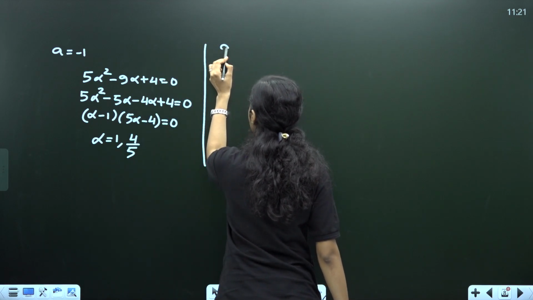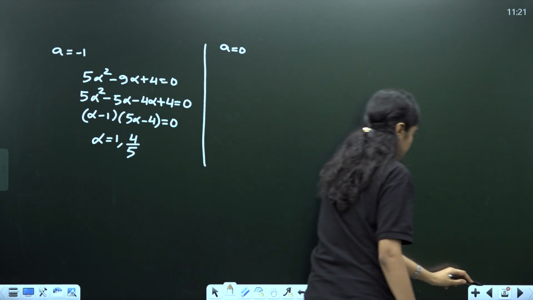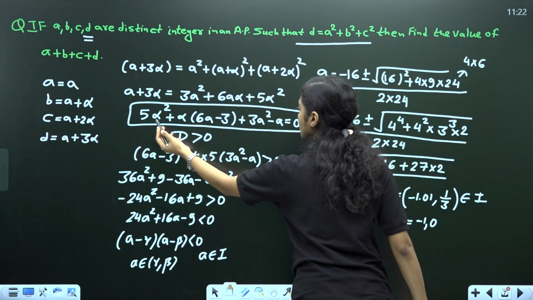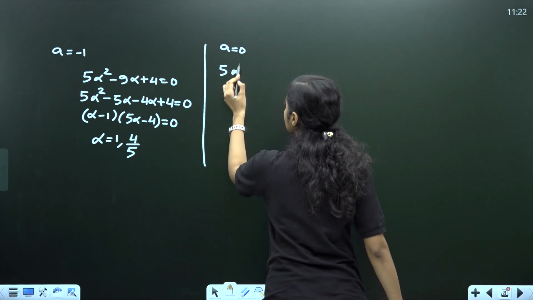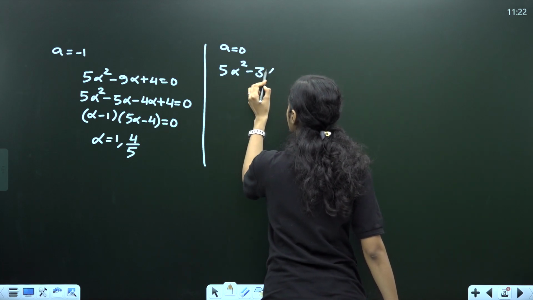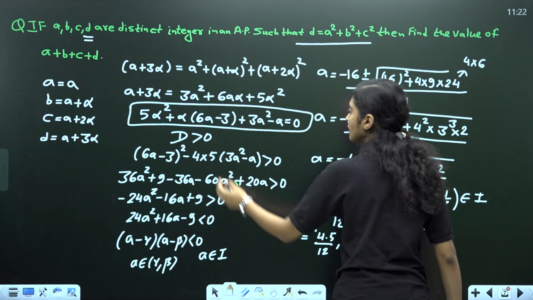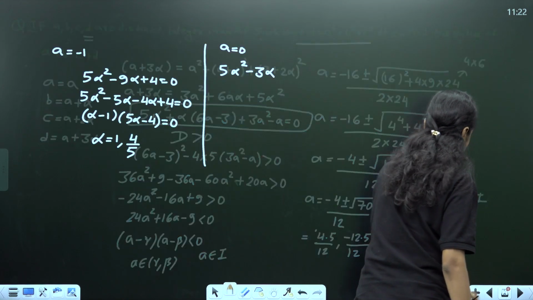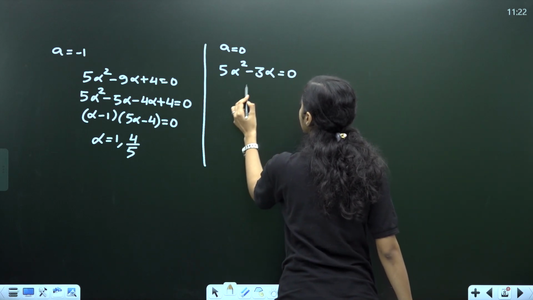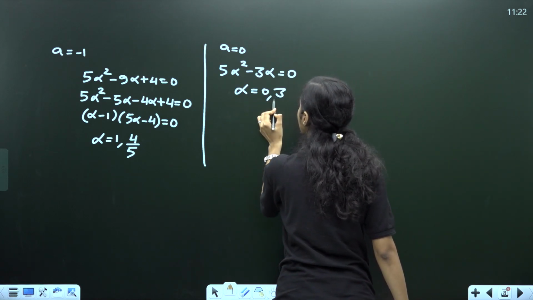If we take a equals 0, then this equation becomes 5 alpha square minus 3 alpha, because for a equals 0 the constant term becomes 0. The value of alpha becomes 0 and 3 by 5.